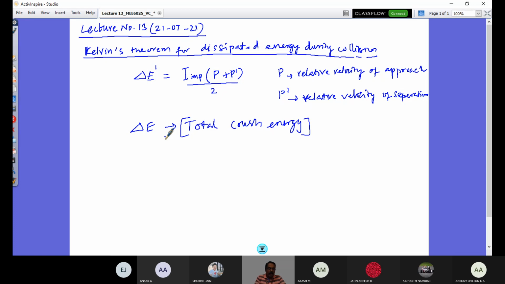You will be able to derive the relationship at the end of this period: this delta E dash is going to be delta E into 1 minus E squared.